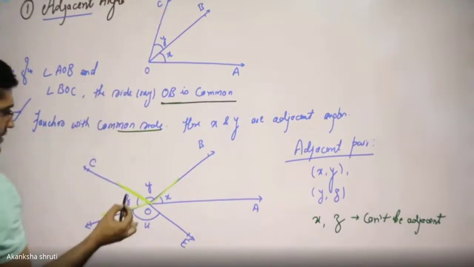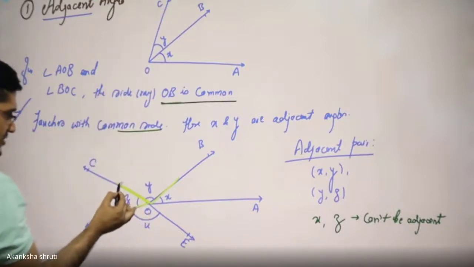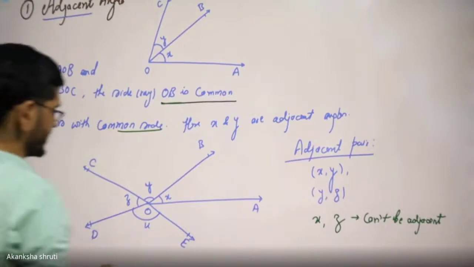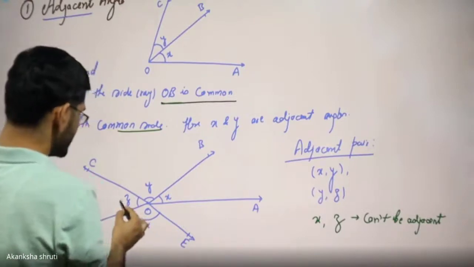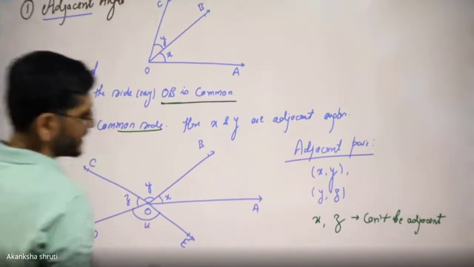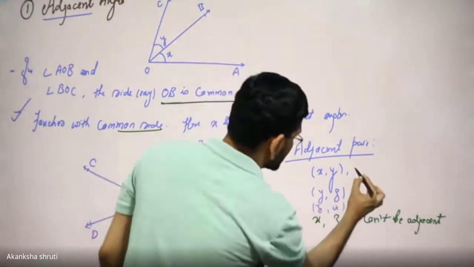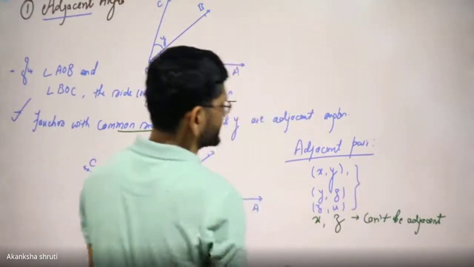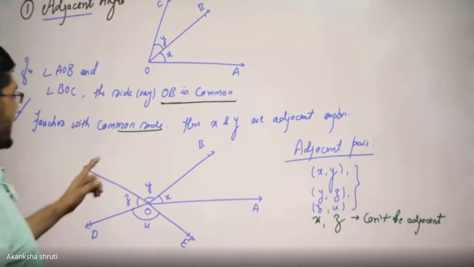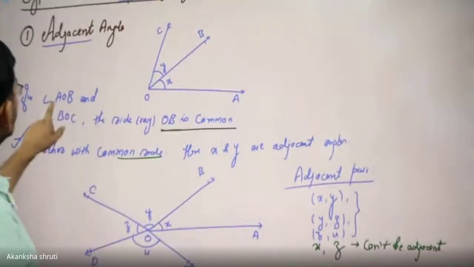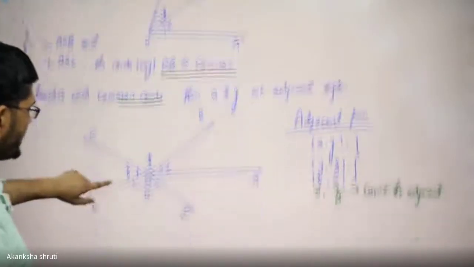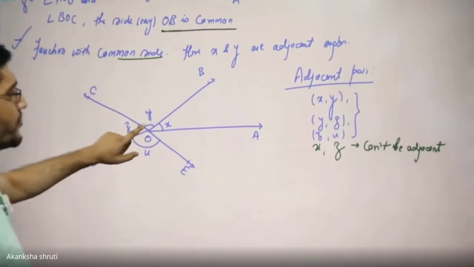Therefore, Y and Z can be adjacent. Students, Z and U, they can be adjacent. All of these are adjacent pairs. So for adjacent, we have to keep in mind one side should be common at the common vertex.